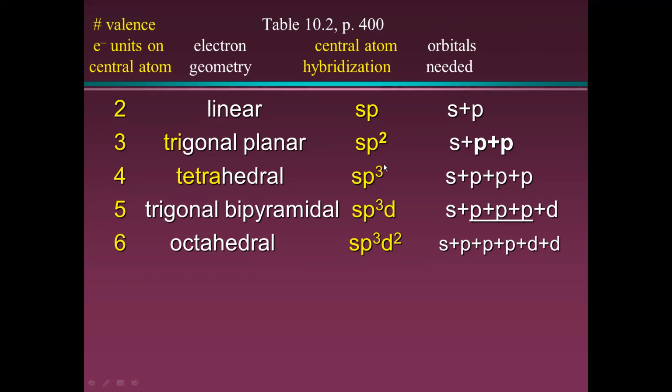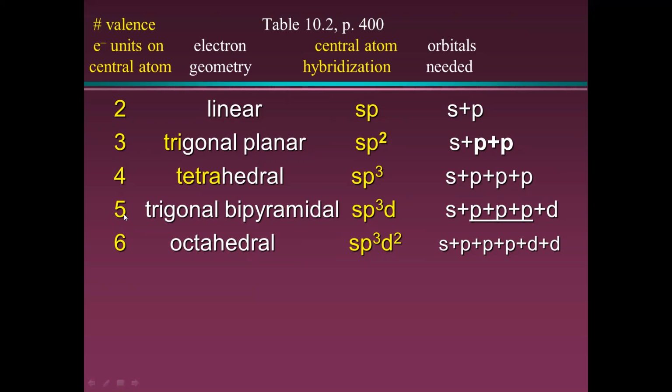I showed you at the beginning of this class the methane CH4, carbon and 4 hydrogens. There are 4 hybridized orbitals there. It's named sp3. A tip to memorize that is you have 1 s and 3 p, altogether 4, right?